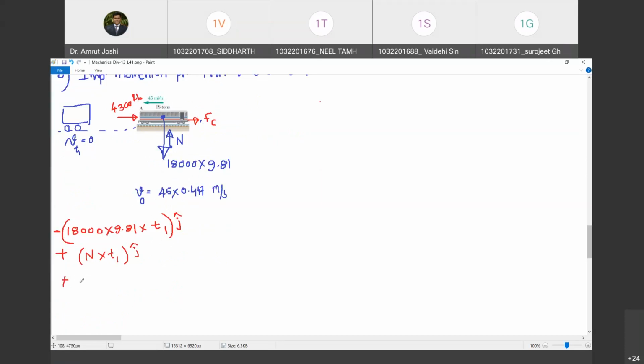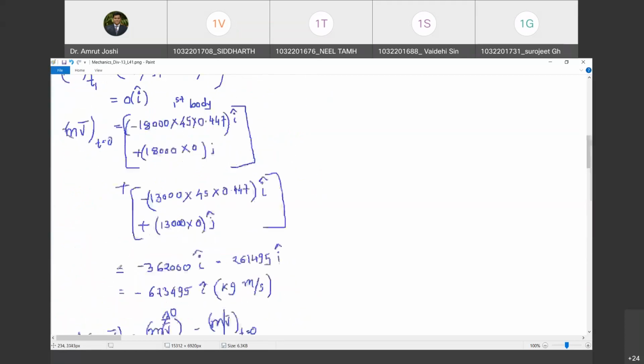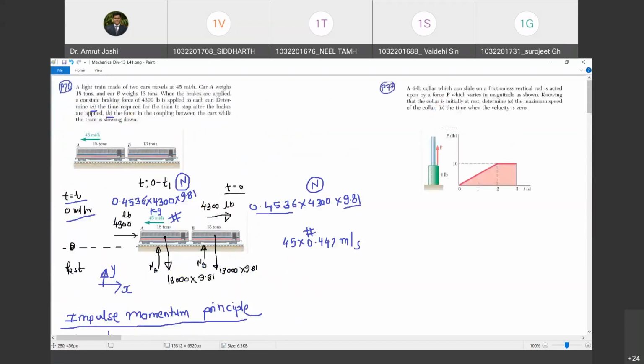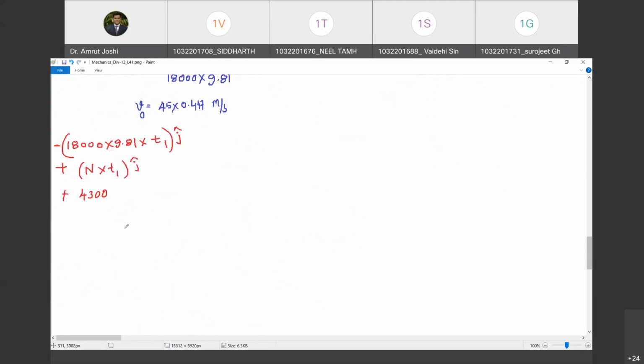So it is going to be plus 4300 into what is the conversion from lb to kg? 0.4536. Are you with me? Yes, sir. Mind you, this is in kg, but we want in terms of force, so it is going to be 9.81.